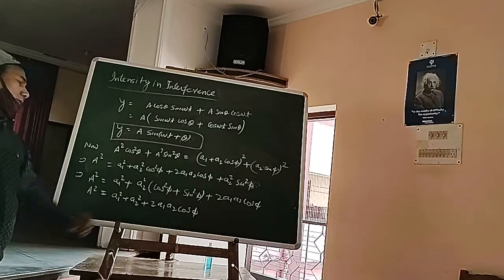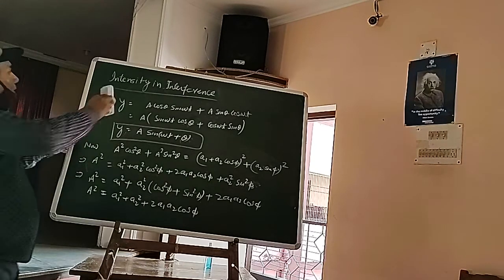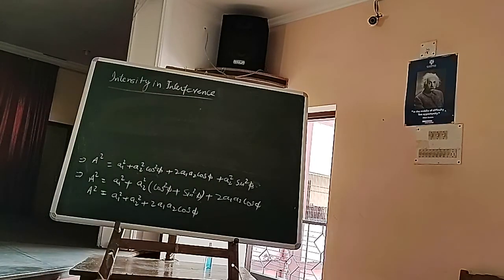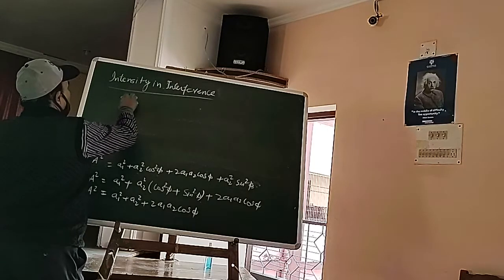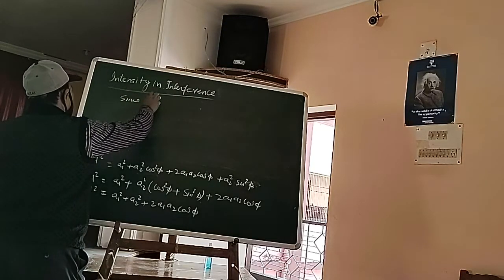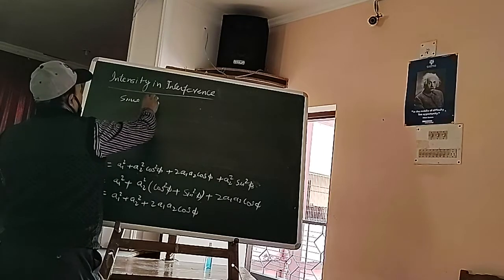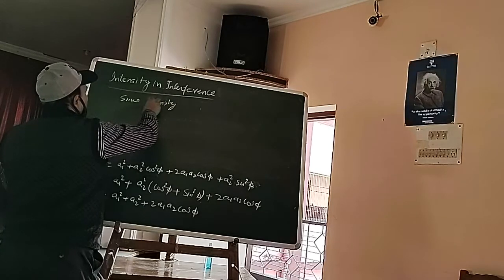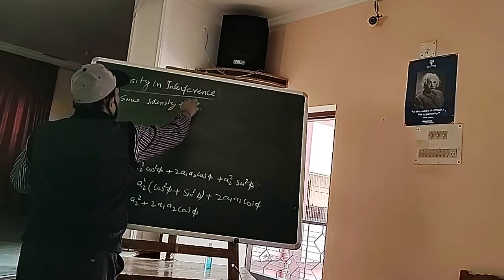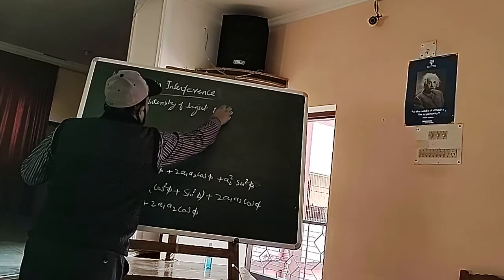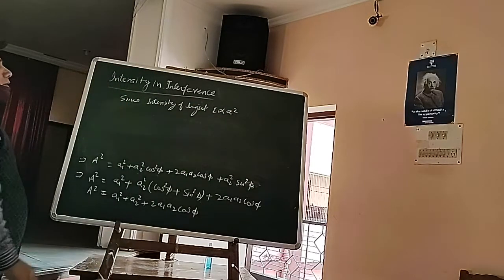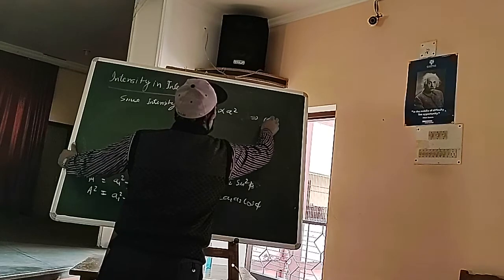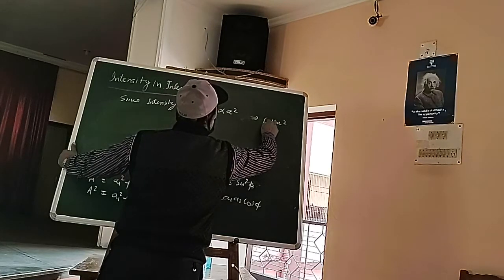A square is a1 square plus a2 square plus 2 a1 a2 cos phi. Since intensity of light I is directly proportional to A square, I is equal to K A square.